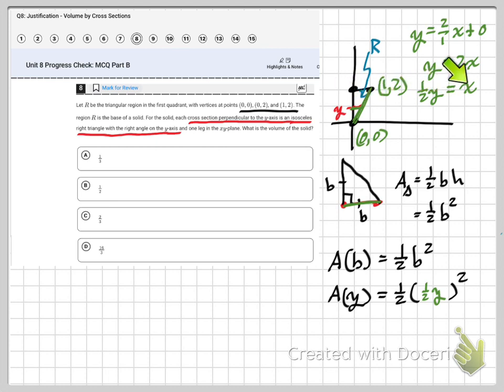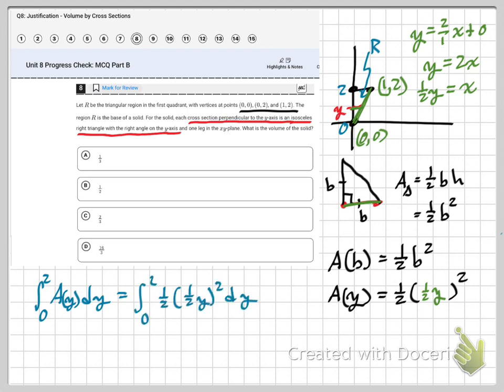The x. So back to our volume. We must integrate an area function written in terms of y. And so we put our lower and upper boundaries right there. Our lower boundary is 0. My upper boundary is 2. And yes, we're on the y-axis, not the x-axis. All right, now I'm going to plug in what my formula is.